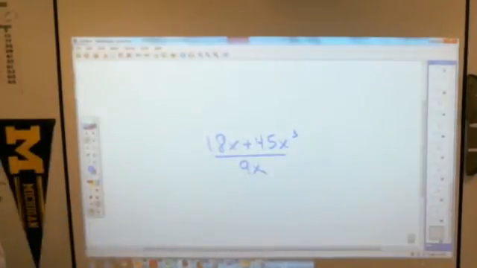See if you can simplify that. I will give you 10 seconds. If you don't get it today, there's a good chance you may get it tomorrow. If you don't get it tomorrow, there's an outside chance the next day.